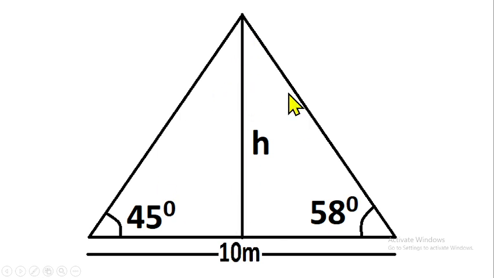So that kind of question will result in this kind of diagram when you interpret it correctly. Or when two ladders lean against a vertical wall, and the two ladders make angles of 45 degrees and 58 degrees with the horizontal ground. If the distance between the two ladders is 10 meters, find the height of the vertical wall.